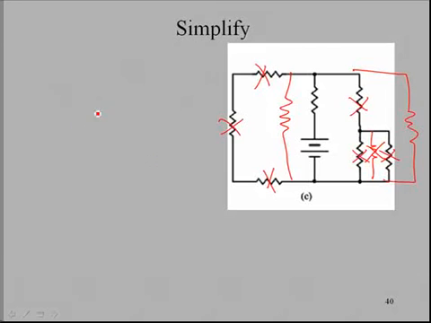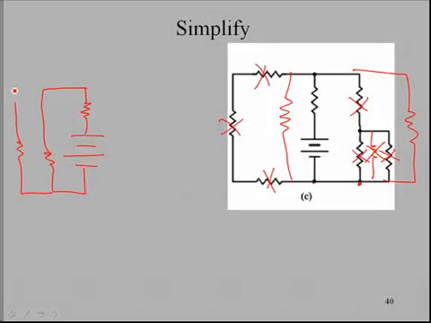And let's see, let's redraw this over here. And so we have this resistor coming up like this, and then we have this component here, and then this component. Now this component is connected to the power supply and this resistor, so we could just as well show it like this.